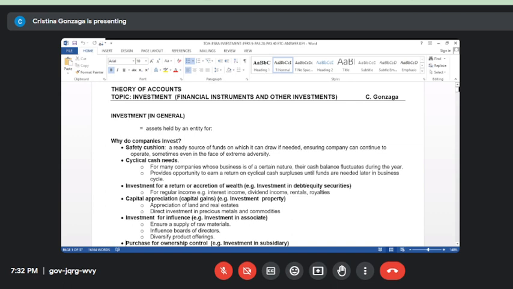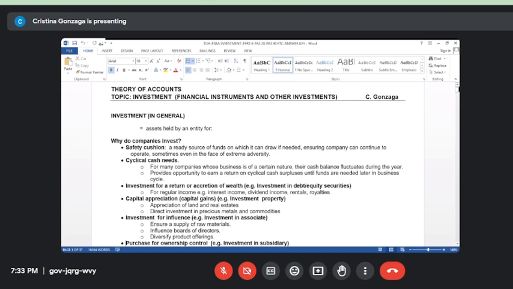Or sabihin natin, influence, if you have an investment in associate, you can influence the board of directors. So normally may seat ka sa board of directors, di ba? If the investee is an associate. Okay. Or you are able to diversify product offerings, no?